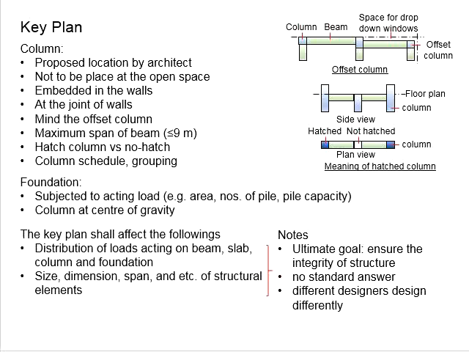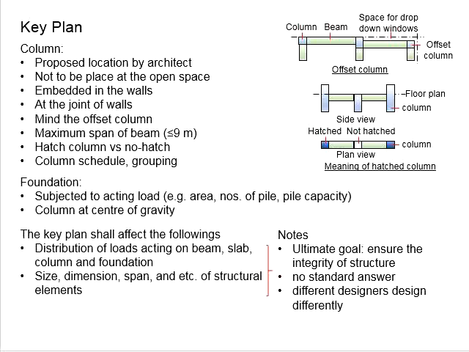They will propose some locations for the columns, and normally there are reasons for them to put the column there. Most likely, those columns are required in the subsequent floor levels. I would say that most of the columns proposed by the architect end up being quite necessary.